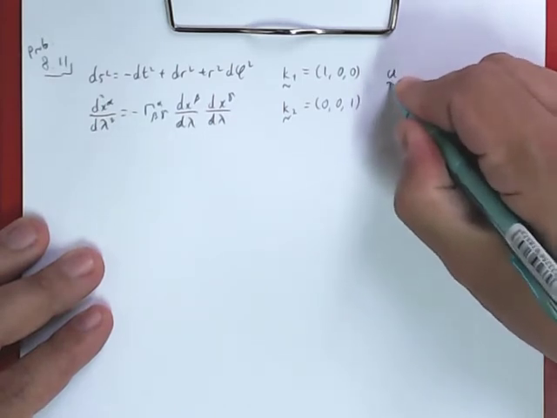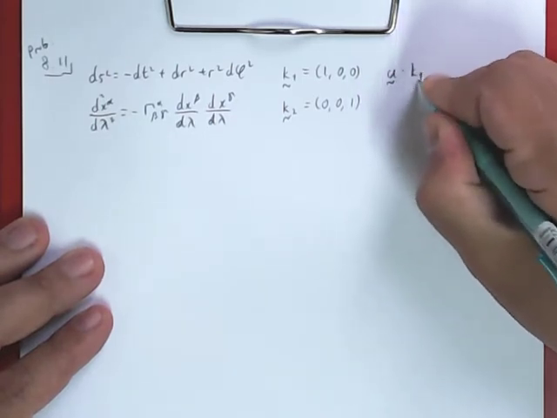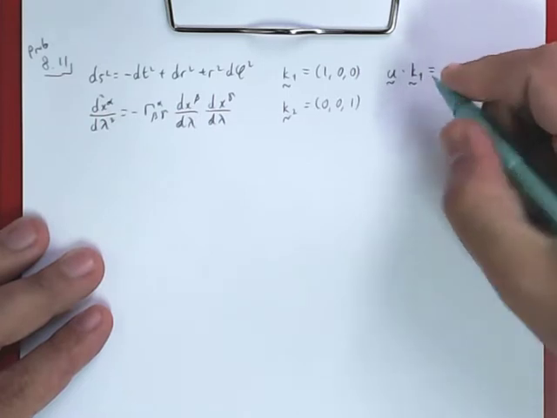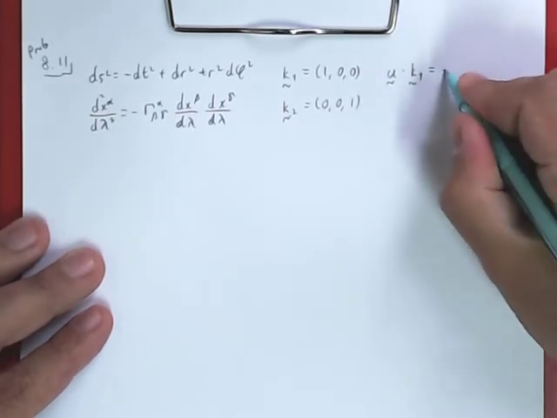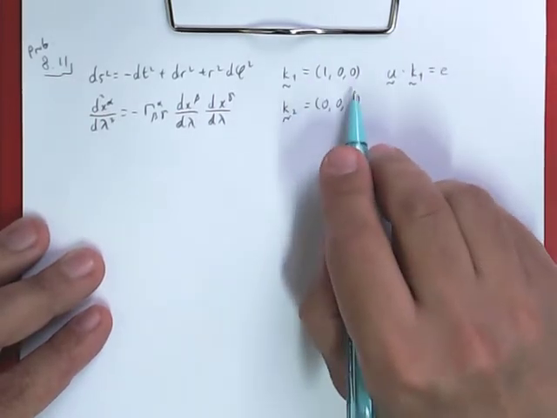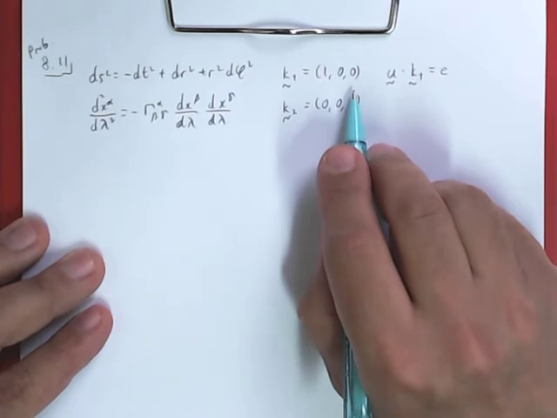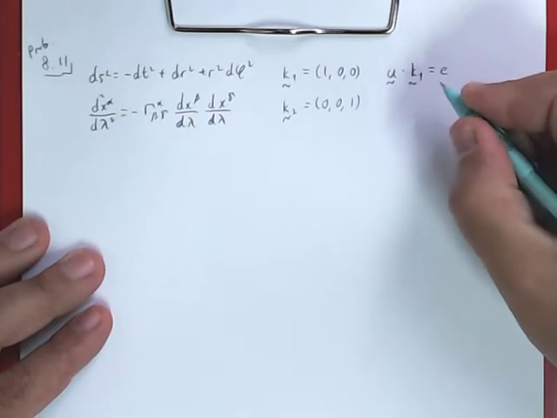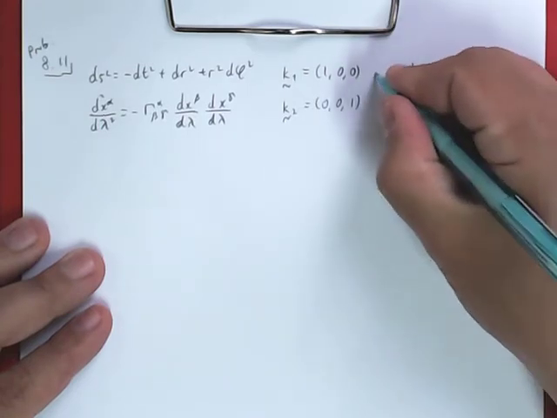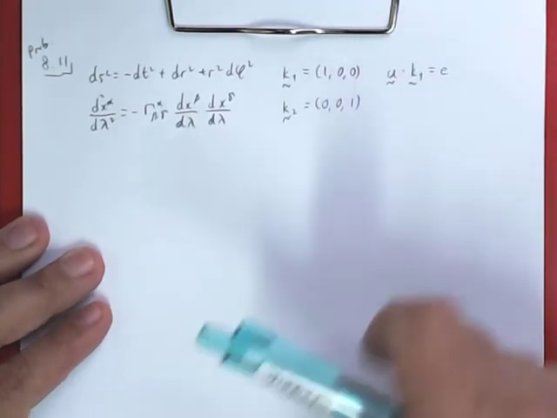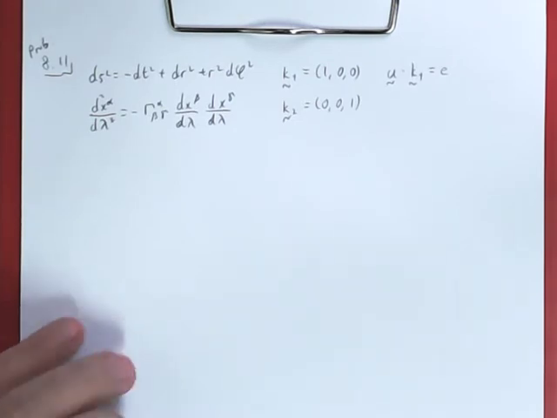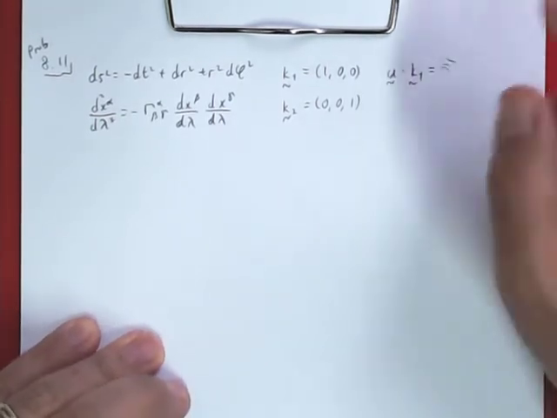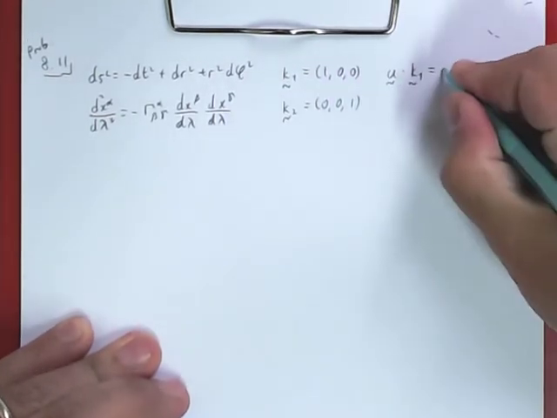So this dot product with k1 is a constant of motion. I'm going to call this E, because this corresponds to time translation symmetry, and that's usually associated with the conservation of energy. And actually, this is going to be minus E, because it picks up a negative sign in the dot product from the metric, so let's call this minus E.